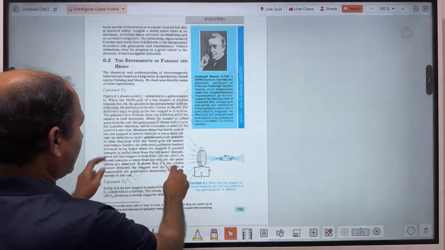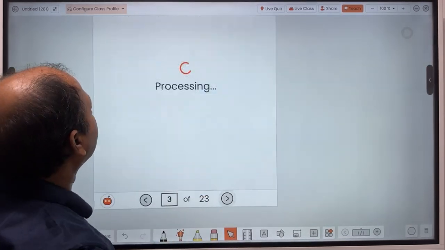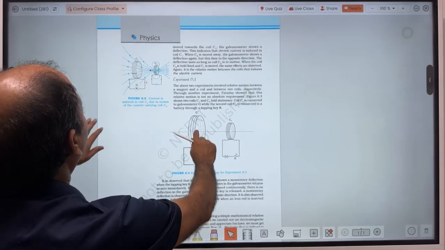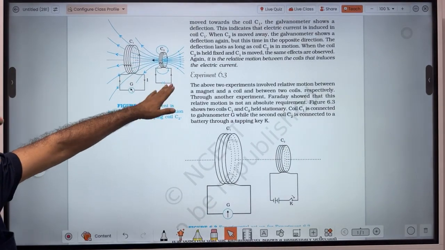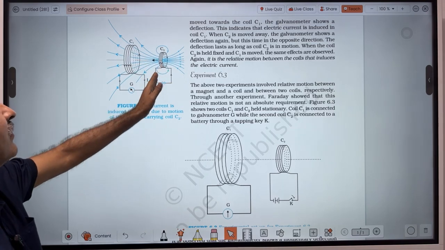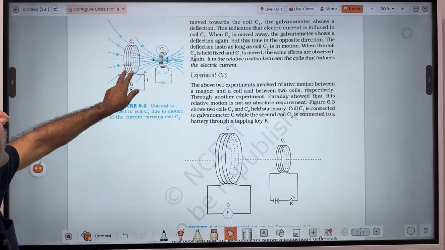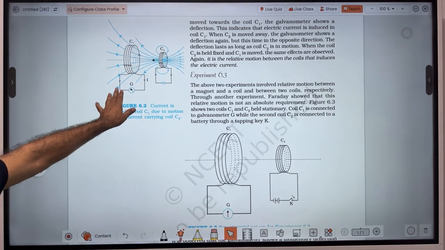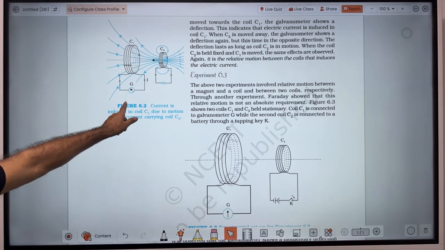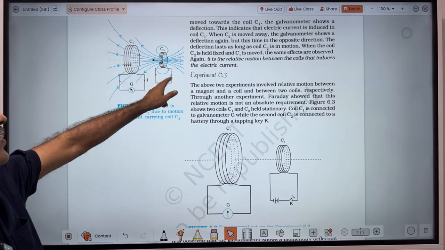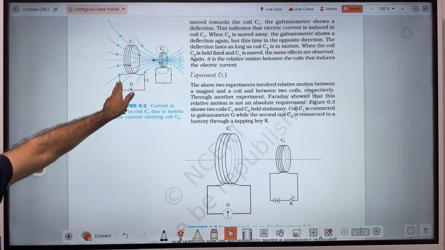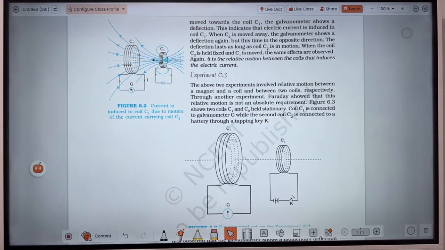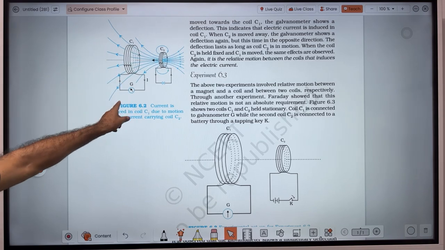So there was another experiment also. Here there is one coil which contains a battery, meaning it can conduct current. There is another coil in which there is no source of EMF, but it is connected to a galvanometer. Whenever the switch is made on, current starts flowing in it, and then deflection is seen. But this deflection lasts for a moment and after that it stops.